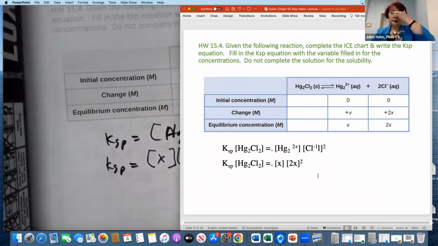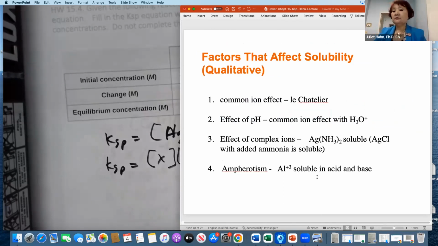Next, there are some factors that affect solubility. These are not the quantitative things that we've been doing. These are qualitative things that affect solubility. We have the common ion effect, which basically follows Le Chatelier's principle. The effect of pH, which is basically the common ion effect for H3O+ or OH-. The effect of complex ions: some ions will complex with other ions and then become soluble.